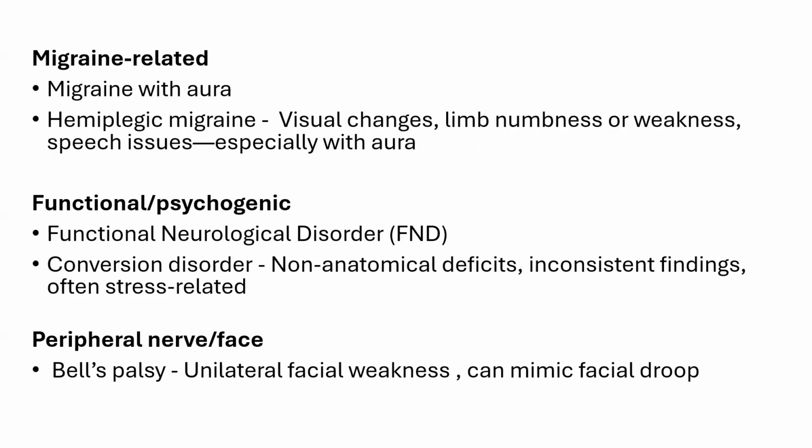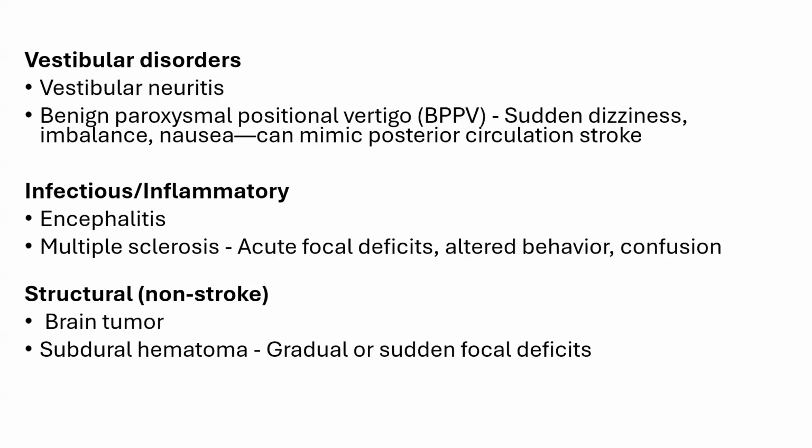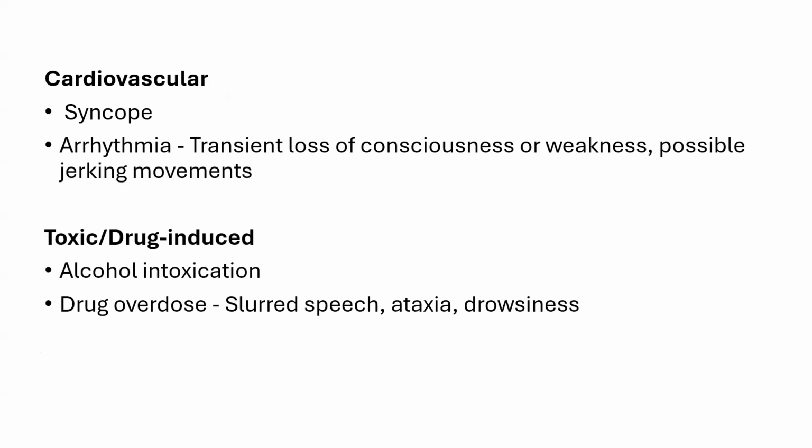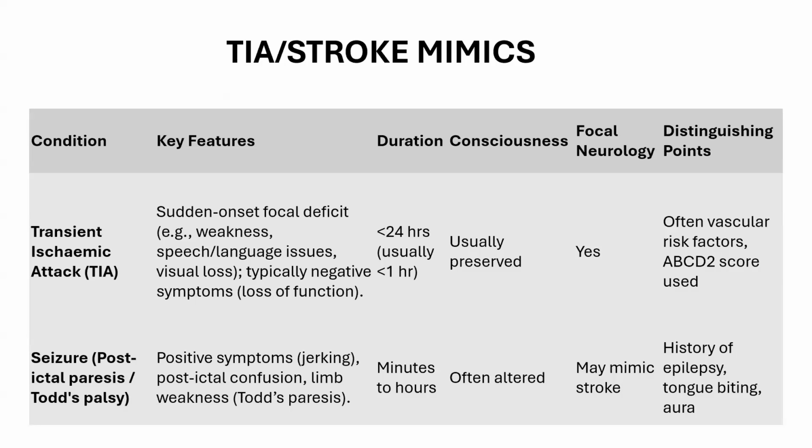Also functional neurological disorder, conversion disorders, peripheral nerve disorders like Bell's palsy, vestibular disorders such as vestibular neuritis and BPPV, infectious conditions such as encephalitis, multiple sclerosis, and structural non-stroke conditions such as brain tumors and subdural hematomas, then cardiovascular causes such as syncope and arrhythmias. Even alcohol intoxication and drug overdose can mimic a TIA. This is just a summary of these conditions and the key features, and how to differentiate between the TIA mimics and actual TIA.